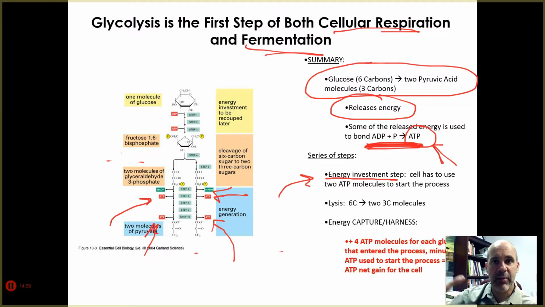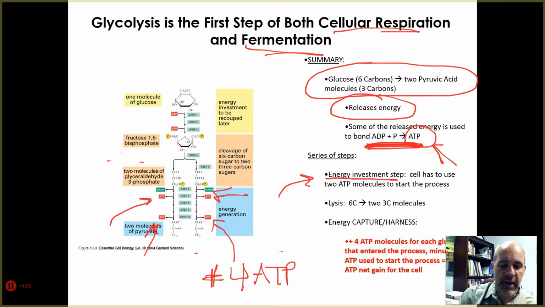So you've partially broken apart this glucose. You've been plucking hydrogen atoms off of it and breaking this molecule apart. And energy was released by those processes. That energy has been harnessed to form 4 new ATP molecules for every glucose that's broken down. However, remember we used up 2 ATPs to get this process started.